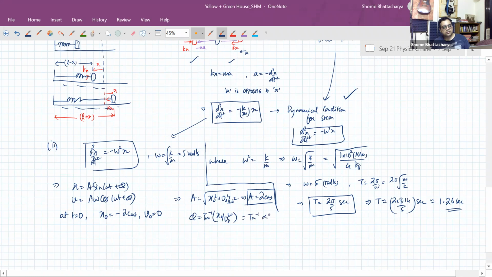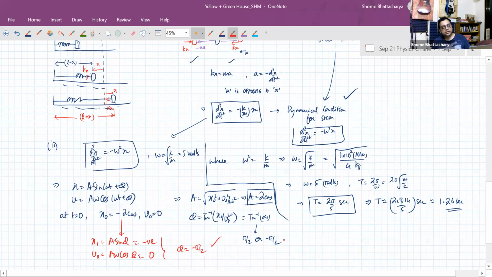So according to this, it can be pi by 2 or minus pi by 2. But now you have to understand that x naught, which is a sine phi, is negative, and v naught, which is a omega cos phi, is 0. So this tells us that phi will be minus pi by 2 and not plus pi by 2. So our phase constant will be like this.